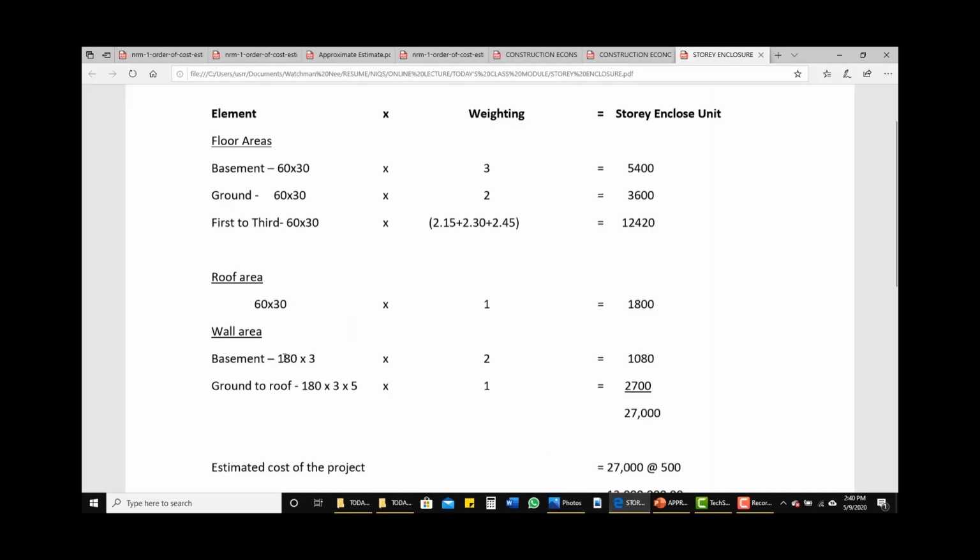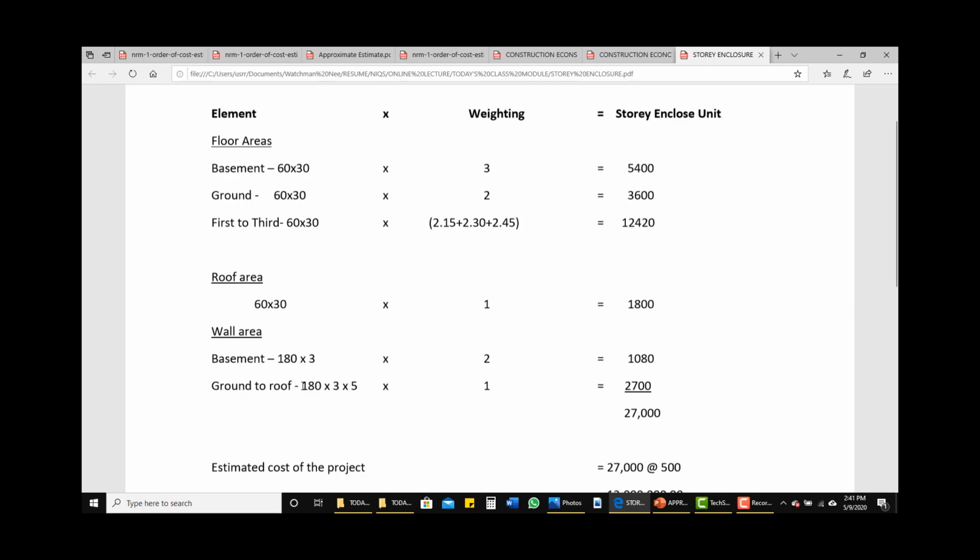So that's where we have this 180. Then we multiply it by the height of the basement wall, which is 3 meter. So when we multiply it together, we have the area for the wall, which is 1,080.